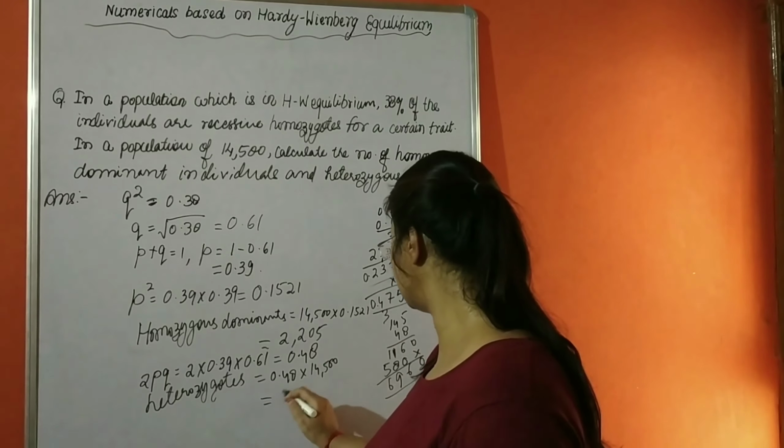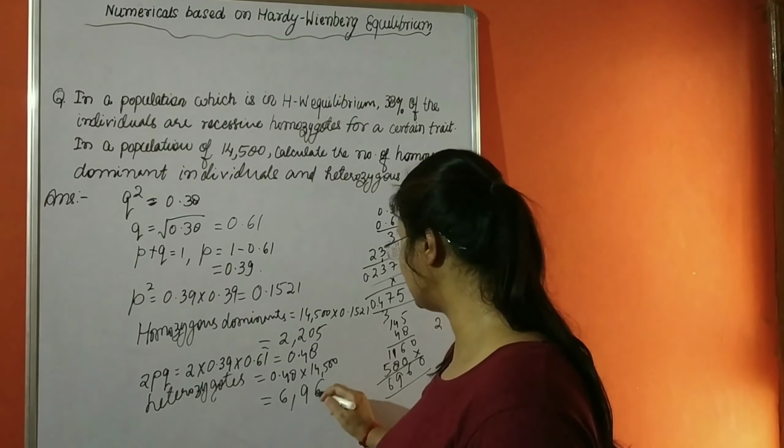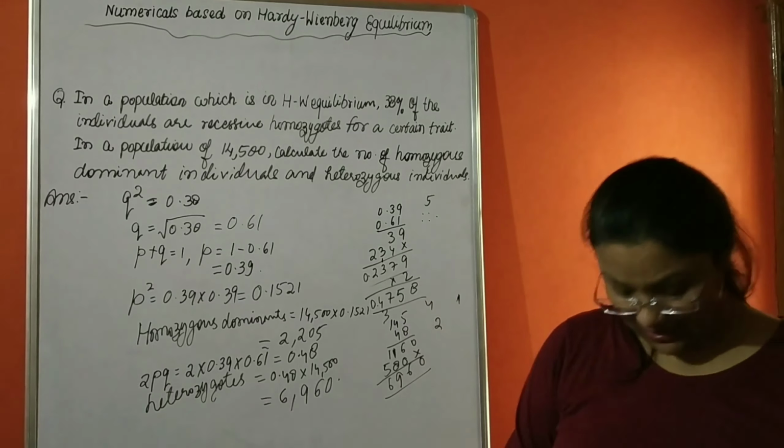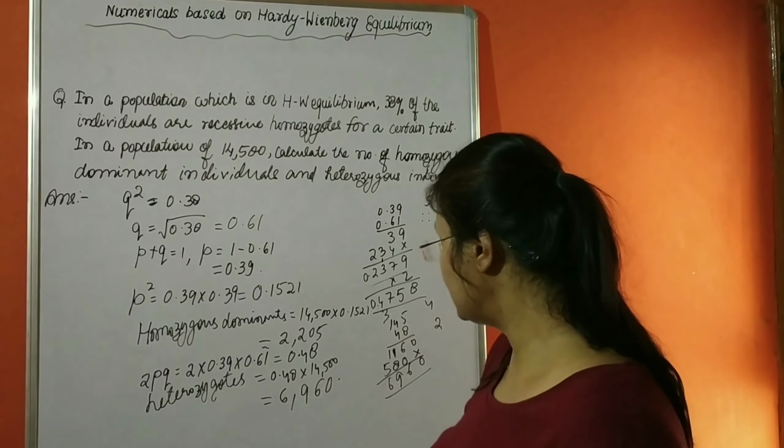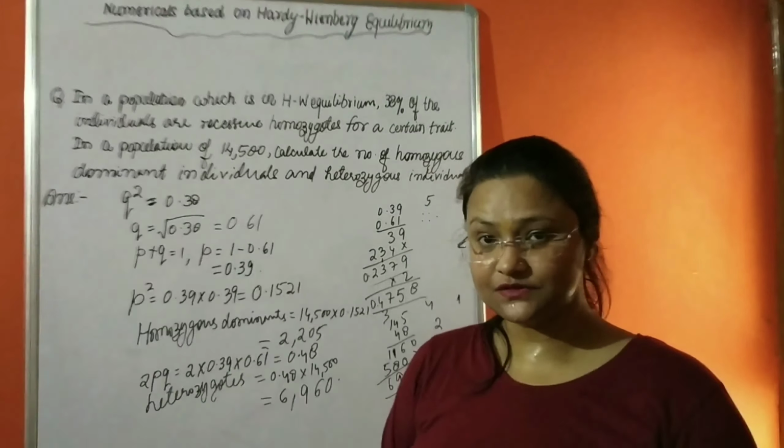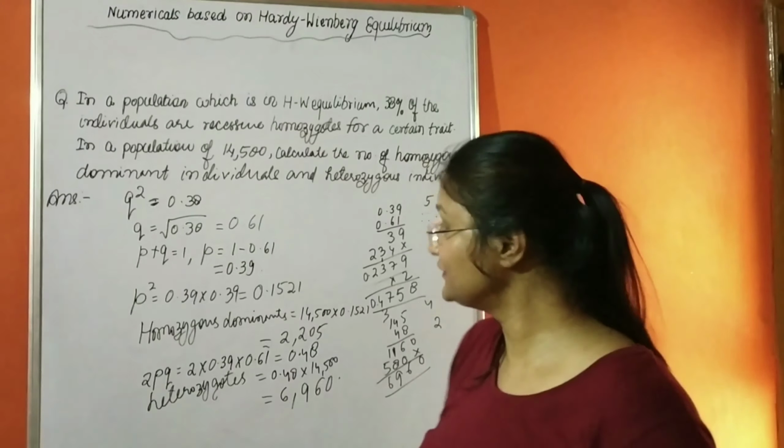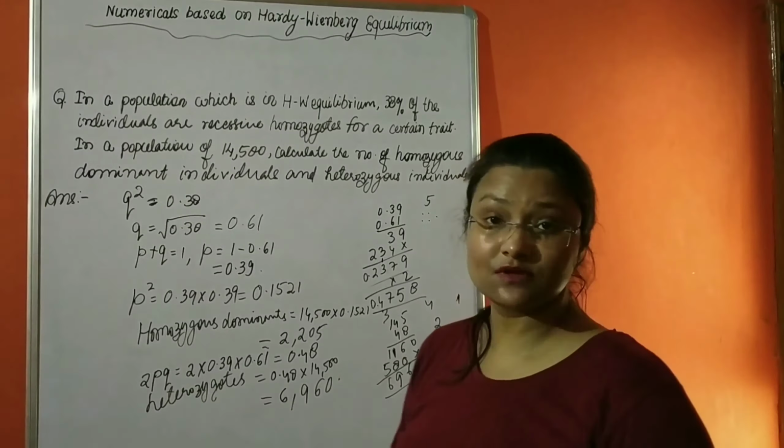So there are 6,960 individuals which are heterozygotes. So that's how we can find out the number of individuals.